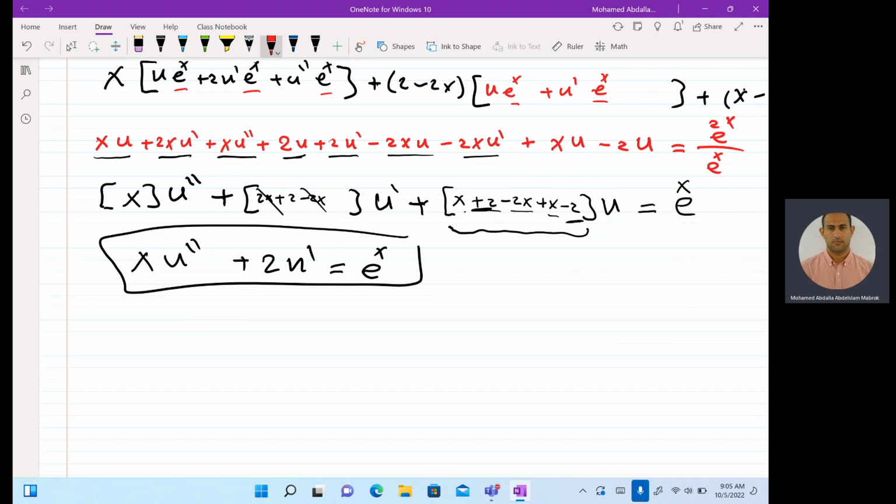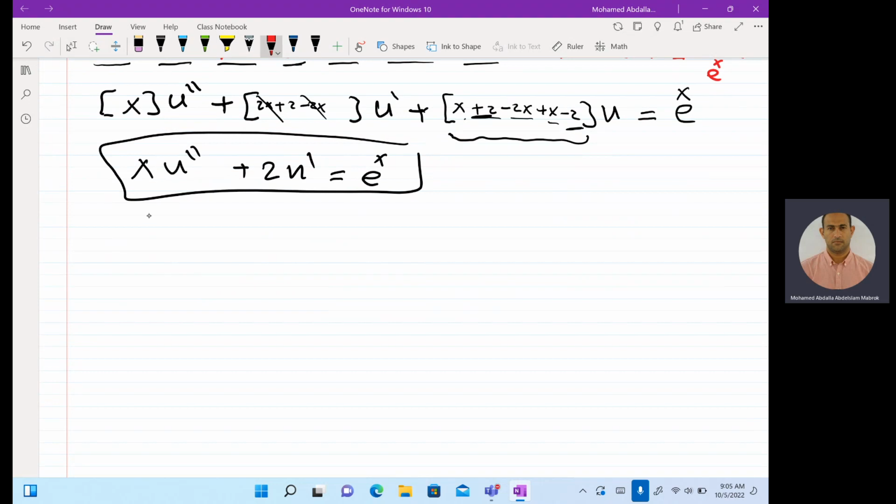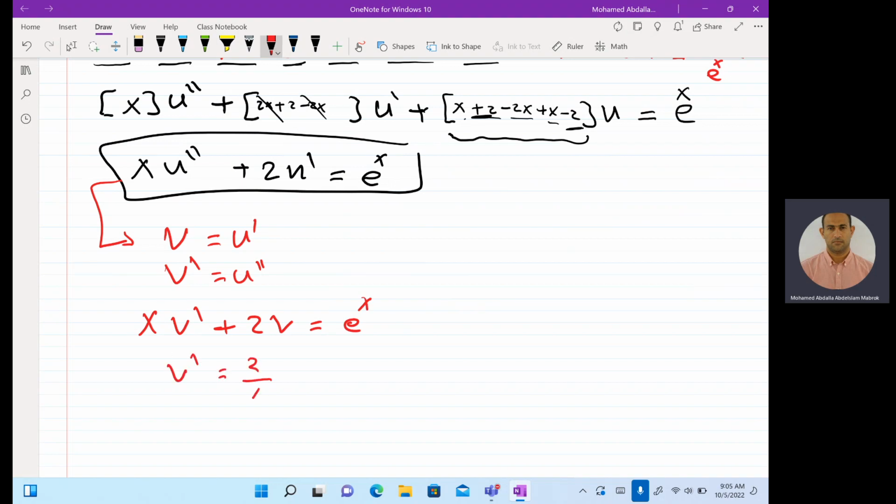I guess the solution should be easy from here, because we know that we're going to reduce this using v equal u dash, v dash equal u double dash, substitute x v dash plus 2v equal e to the power x, divide by x, v dash plus 2 over x v equal e to the power x over x.